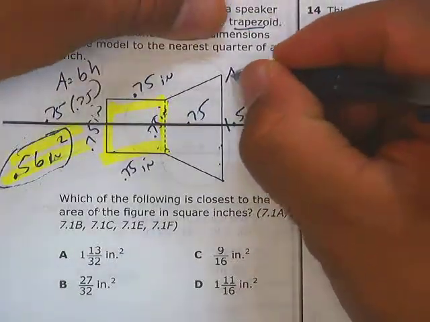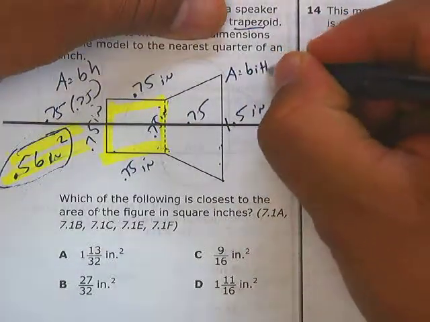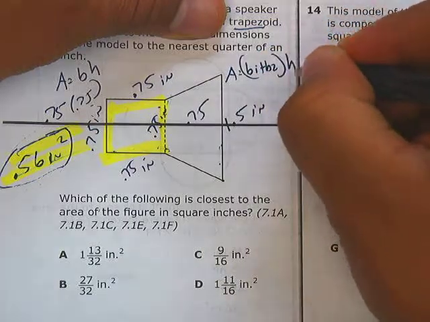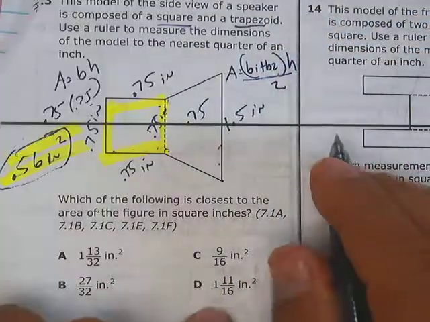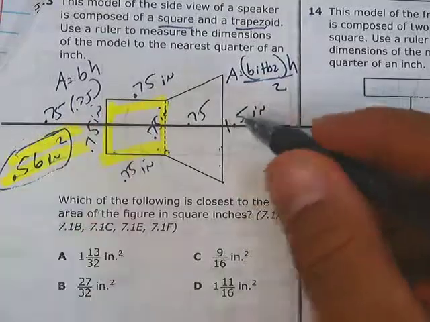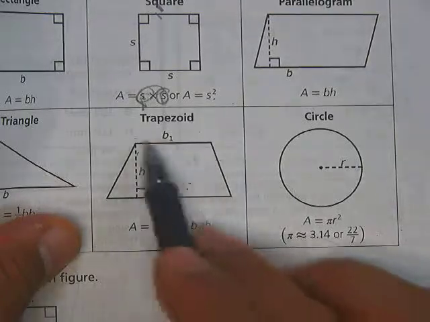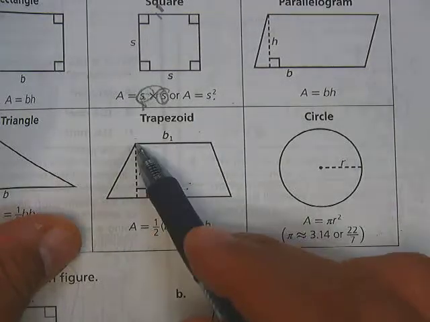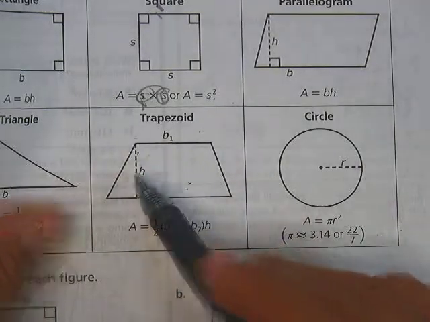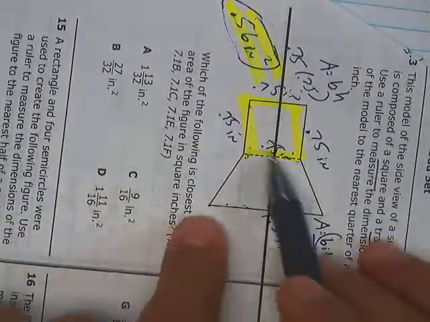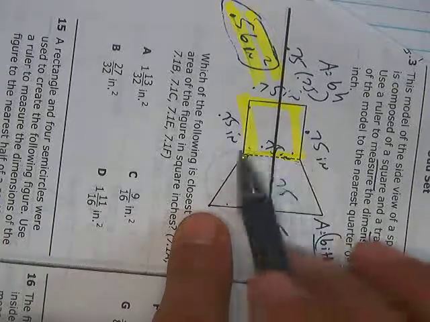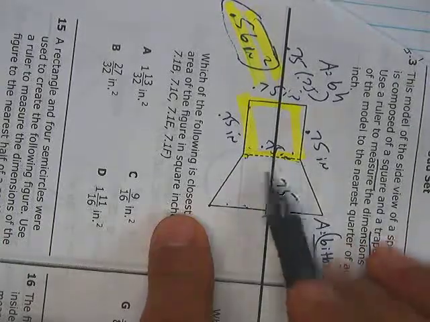For the trapezoid, we use the equation base 1 plus base 2 times the height divided by 2. And so now let's find our bases. Our bases are opposite of each other, and they're parallel to each other. And they're perpendicular to the height.